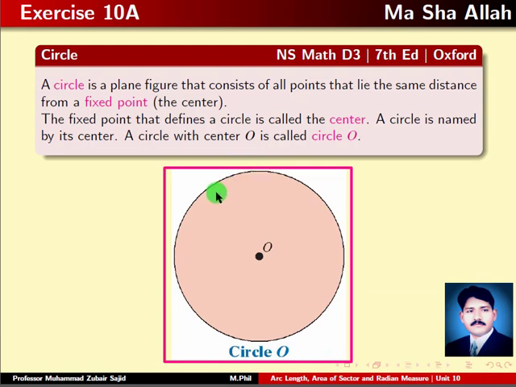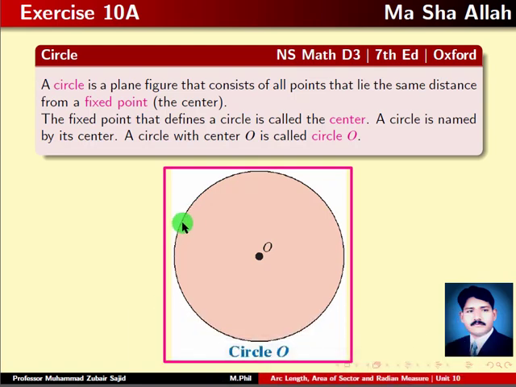The black color boundary covering the pink color is a set of points which are very close to each other and are equidistant from a fixed point, that is O. It means every point on the boundary is equidistant from a fixed point O. This boundary is called a circle.